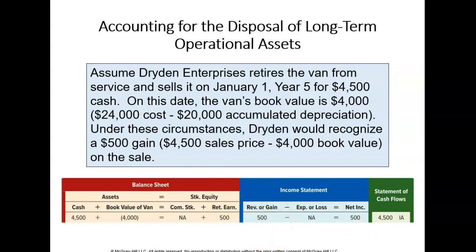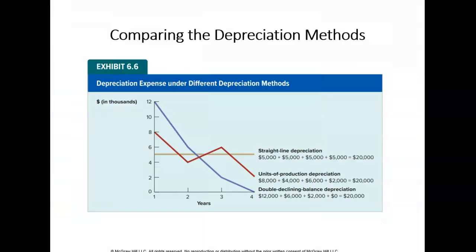So the gain is shown for 500, and we're going to show net income from that gain. On your statement of cash flows, because you receive cash of 4,500 from the sale of a long-term asset, that qualifies as an investing activity.